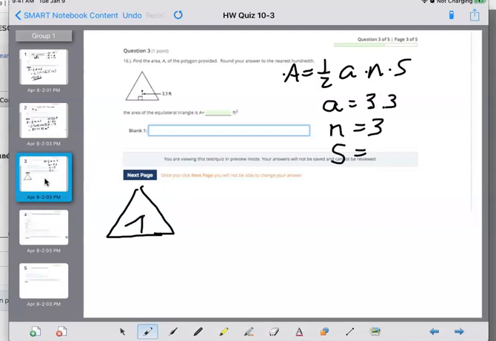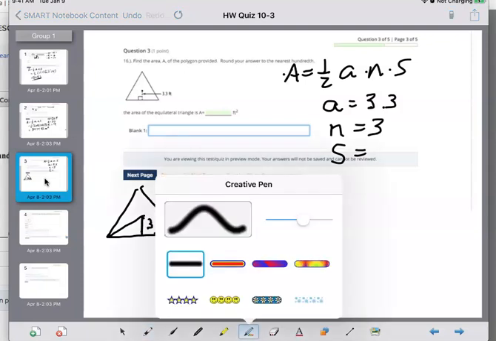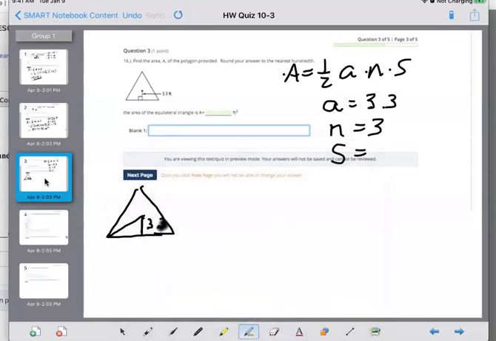This is a 30, 60, 90 triangle with the short side 3.3. We're going to back that up a little bit. Matter of fact, we'll just blow this part up. This is what I'm blowing up. So this is a 30, this is 60, this is 90.